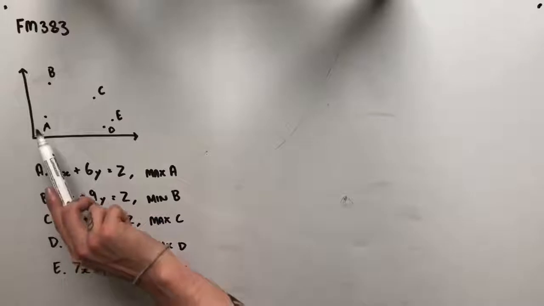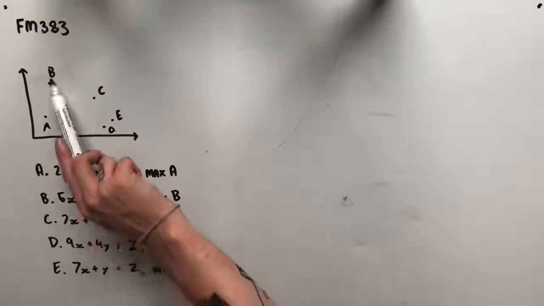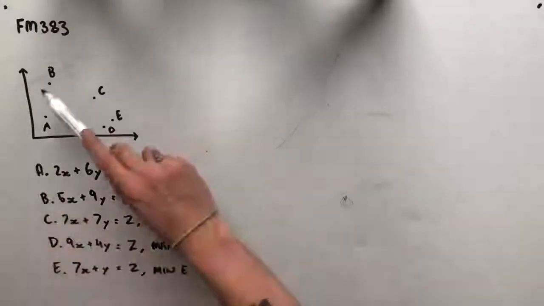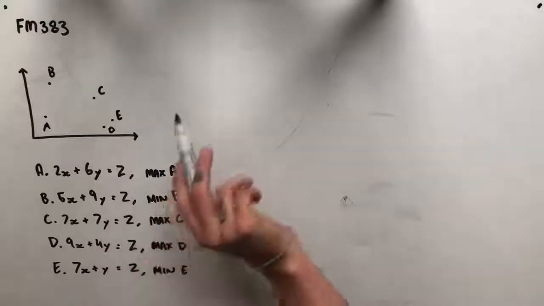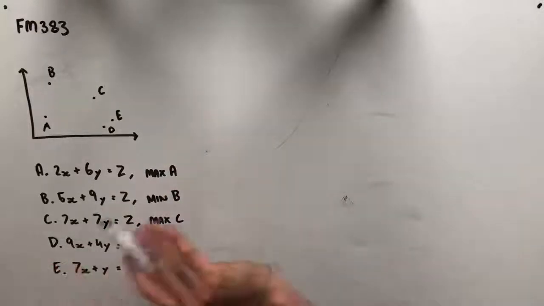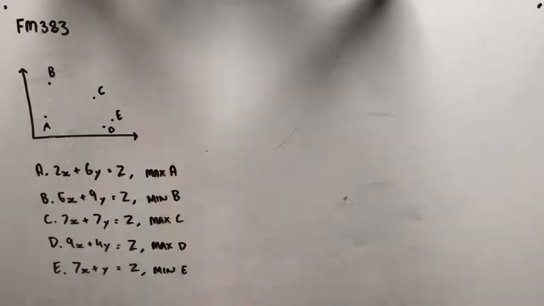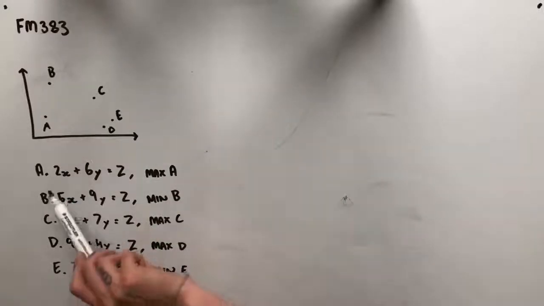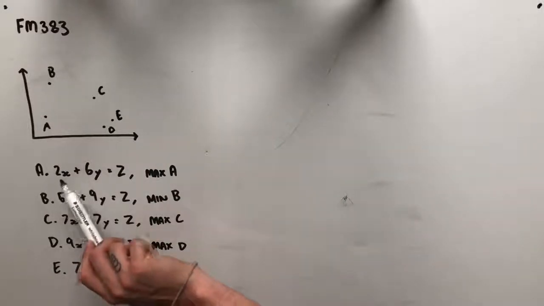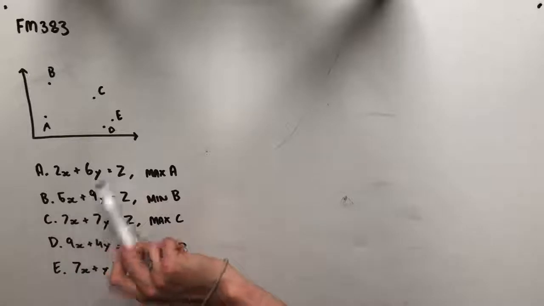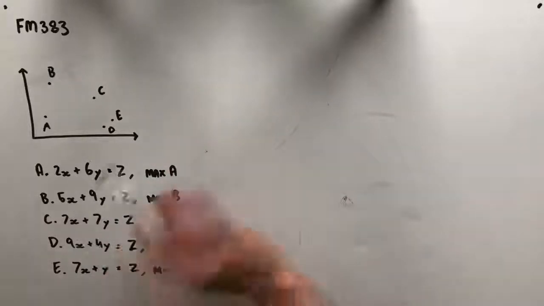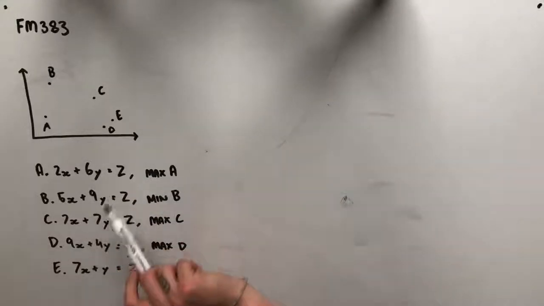Now B has both a larger x value and a larger y value. So even if it was just by one unit in each direction, if B's position was 2, 2, that would make this 2 times 2, which is 4, plus 6 times 2, which is 12, and adding those gives 16.